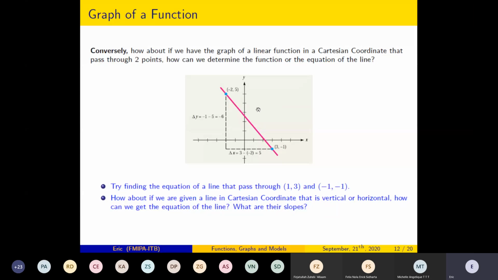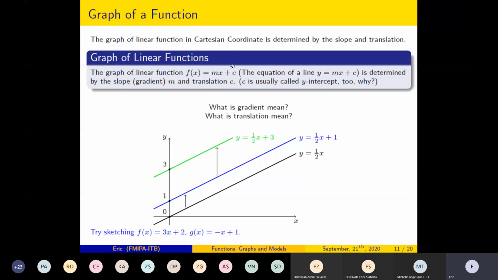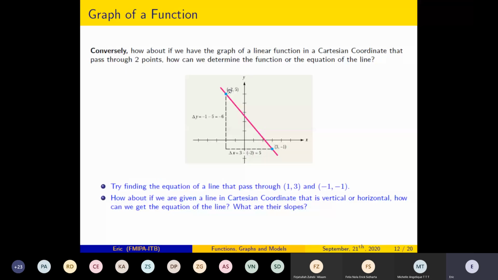Don't forget the equation of the line, y = mx + c. How do I get the c? You can just substitute.